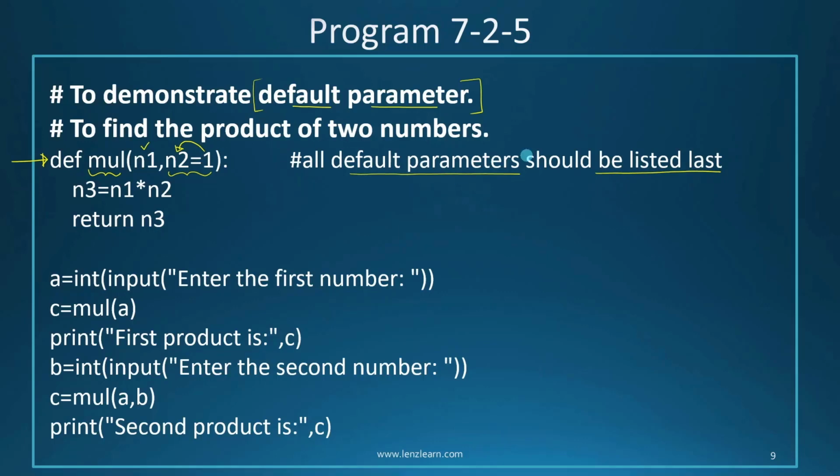If I have 4 parameters like a, b, c, d inside a function called sample, and assume that parameter b and parameter c have default values 10 and 5.